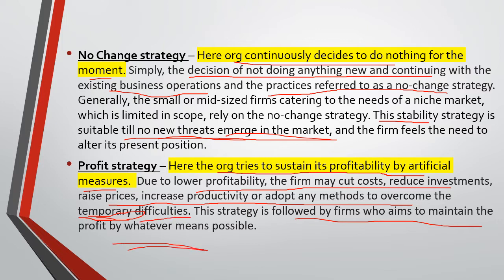Temporary difficulties like recession and inflation come, so firms should manage their own strategy and cope with the different distractions that come in their way. They can reduce costs, reduce investments, and raise prices so that they can maintain a particular profit level. So that is the profit strategy.